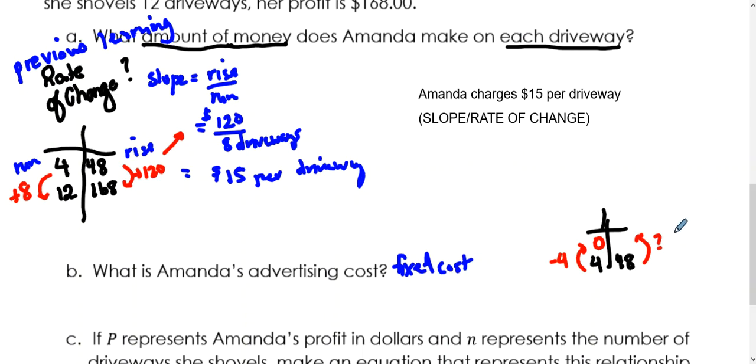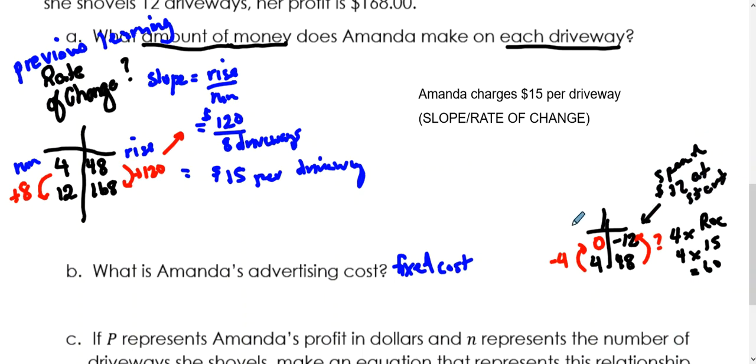Well, we know it has to be 4 times my rate of change because we've done 4 steps back. So 4 times 15, that's going to get you 60. So she's actually in the hole $12. Well, she had to spend $12 at the start. That's why she's in the negative.